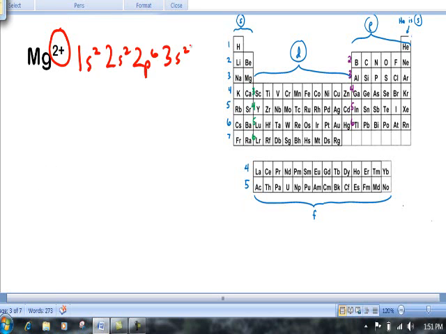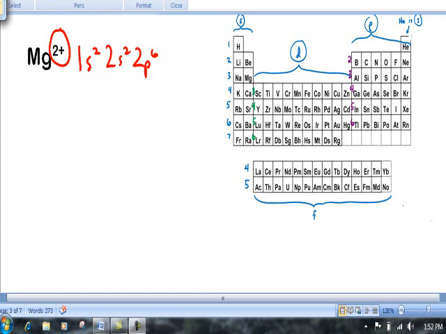The outermost electrons get stripped off to make the ion. So the last electrons right here, the 3s2 electrons, those are removed from the magnesium atom to create a magnesium ion with a charge of positive 2. So these electrons get stripped off. This would now represent the longhand electron configuration for a magnesium plus 2 ion.